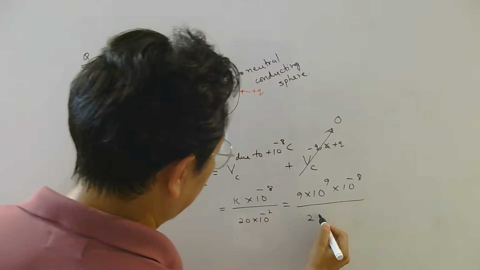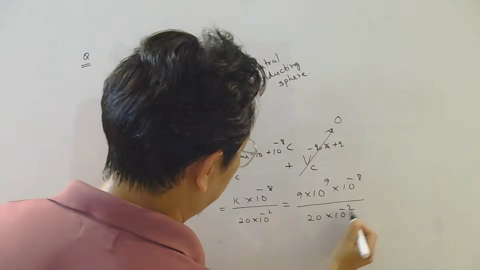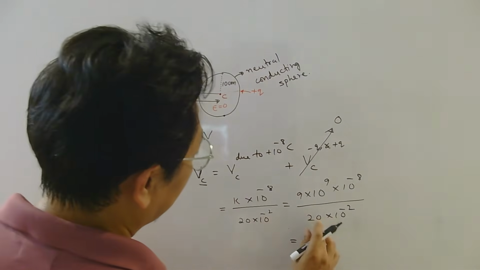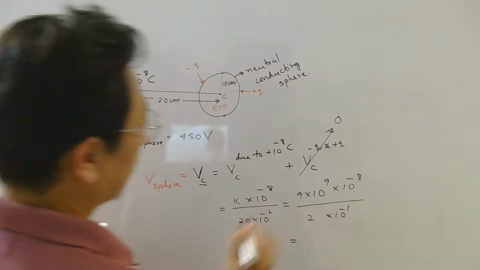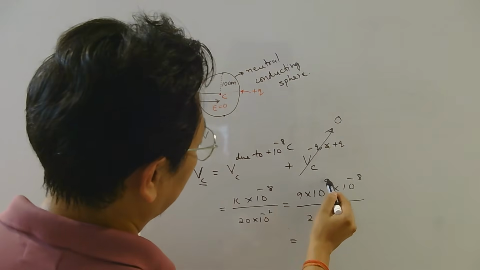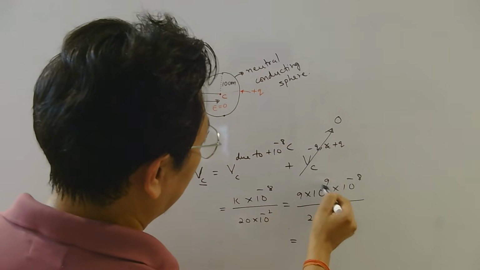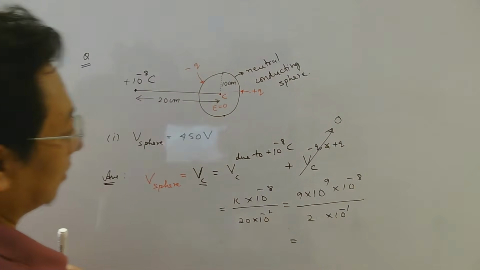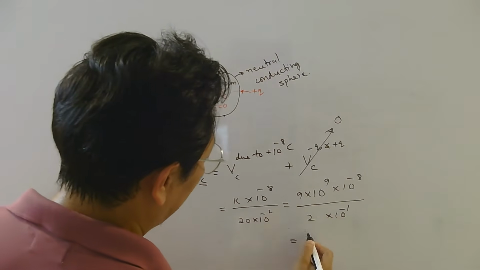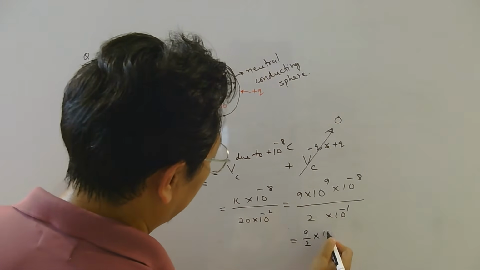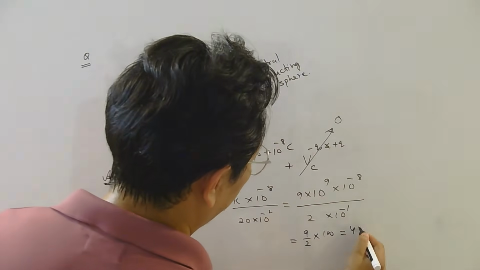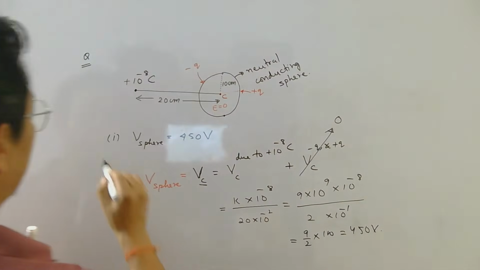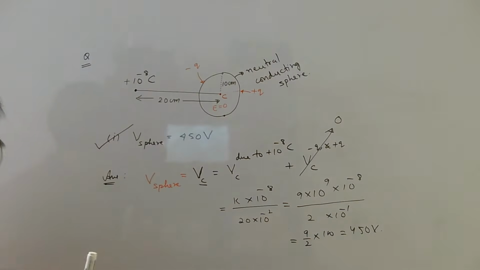And 20 into 10 power minus 2 will become, 10 power minus 1 going up becomes plus 1, that will become 10 power 10, and 10 power 10 times 10 power minus 8 will be 10 power 2. So 9 by 2 into 100, which will be 4.5 into 100, which will be 450 volt. So the first option is correct, right?